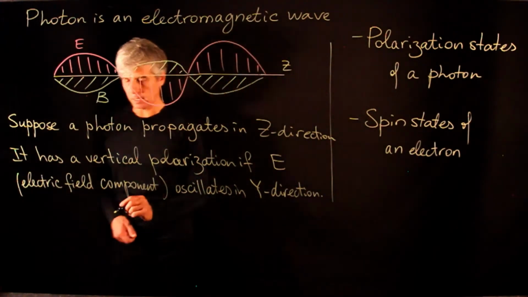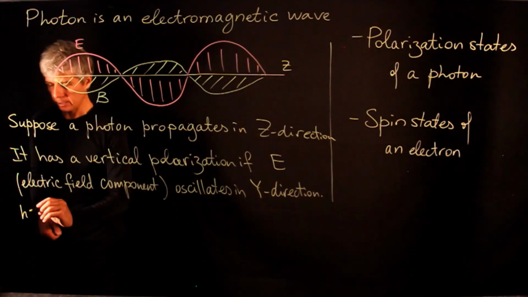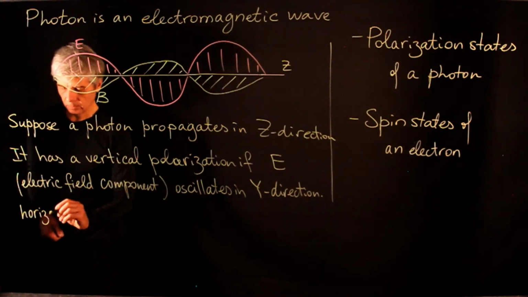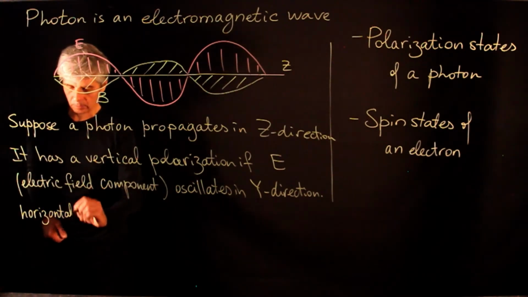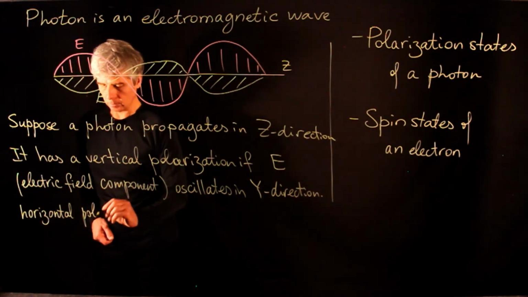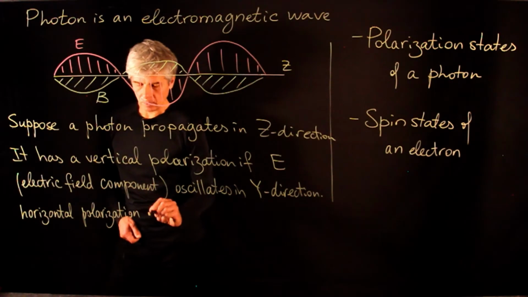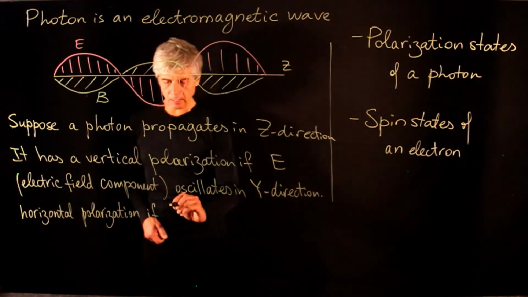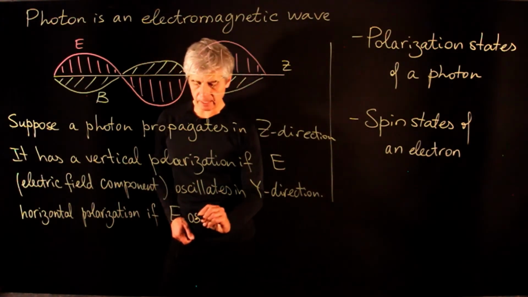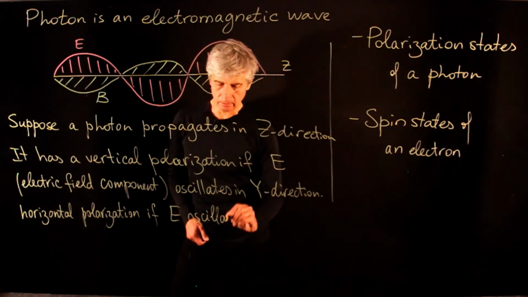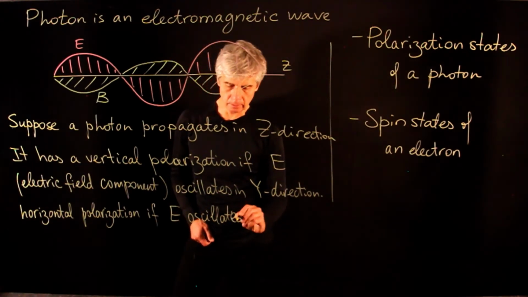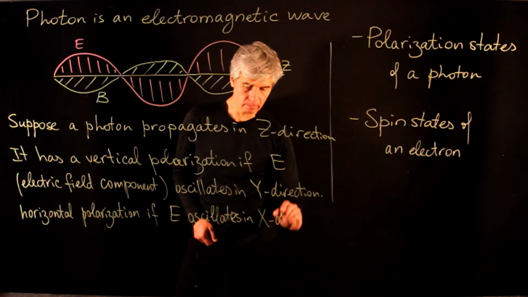And we say that it has a horizontal polarization if E oscillates in the x direction.